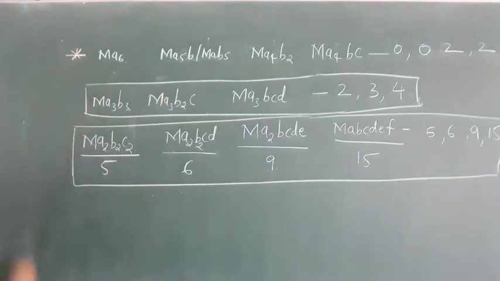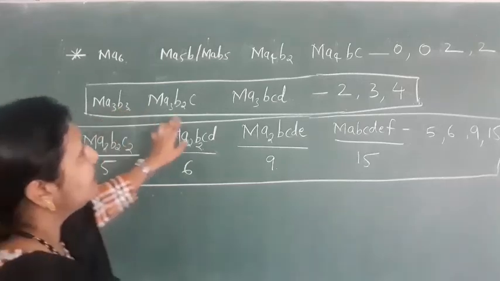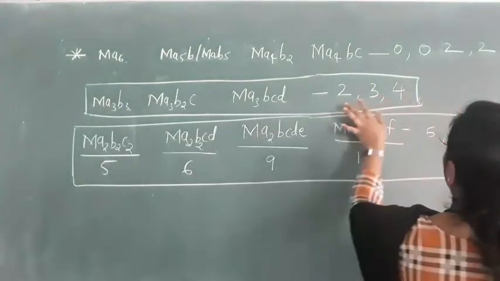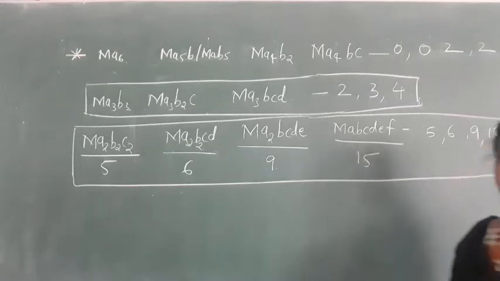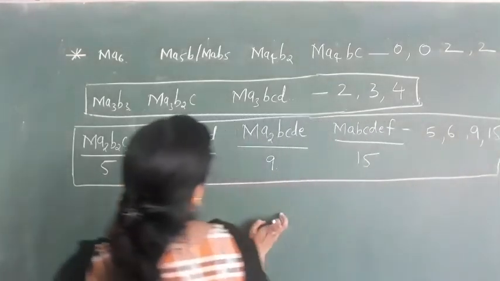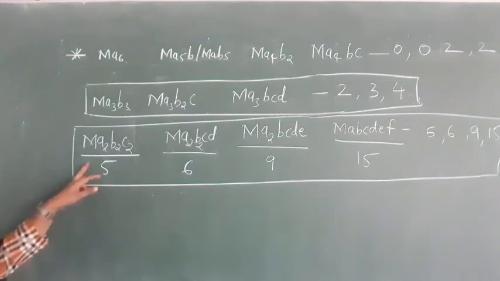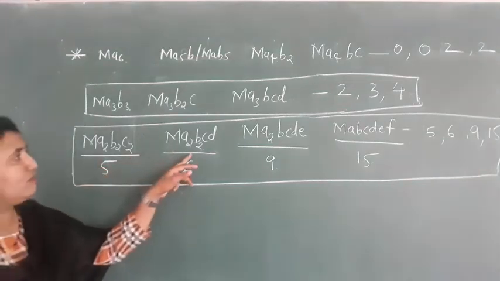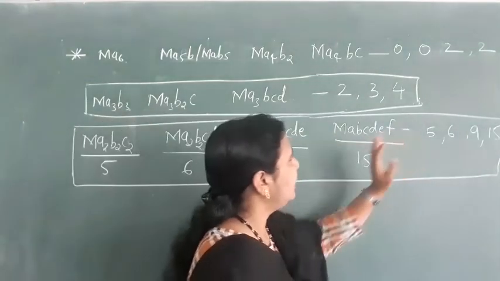Like this you can make 3 slots here, and in these 3 slots you can remember the numbers: 0, 0, 2, 2, 2, 3, 4, 4, 5, 6, 9, 15. Okay, 0, 0, 2, 2. And next we have 2, 3, 4, 5, 6, 9, 15 here. MA2B2C2, MA2B2CD, MA2BCDE, MABCDEF.